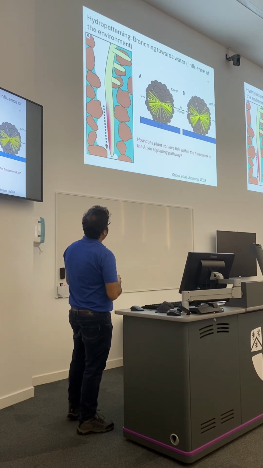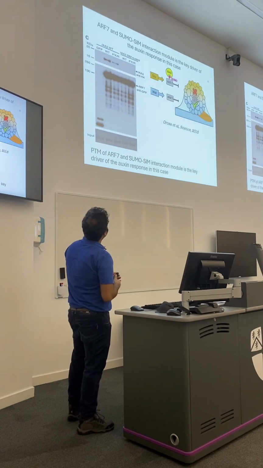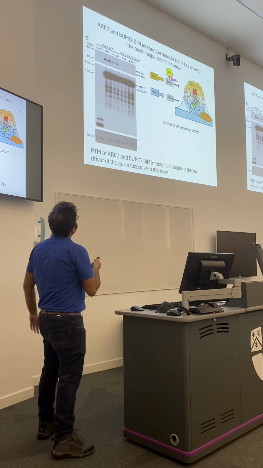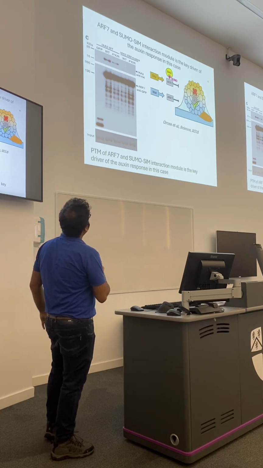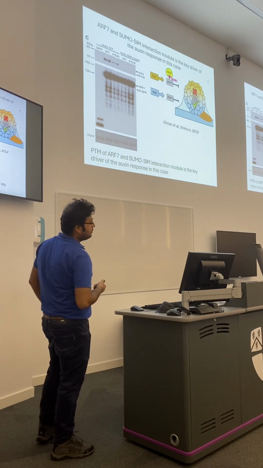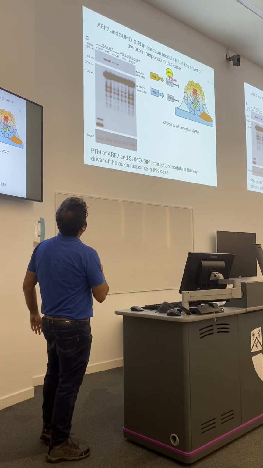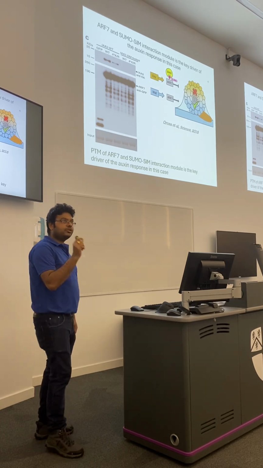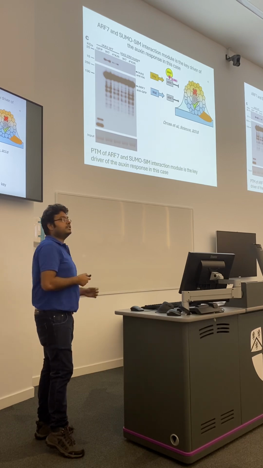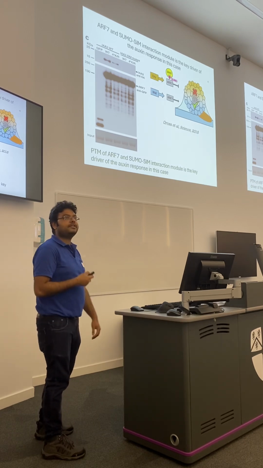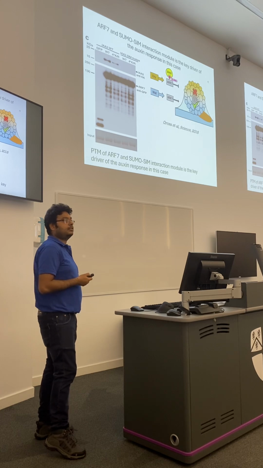What we found is that the transcription factor ARF7 is SUMOylated, and the SUMOylation of ARF7 facilitates the recruitment of IAA3 through a particular motif within IAA3 by which it can interact with SUMO. This motif is known as the SIM motif, or the SUMO interaction motif.